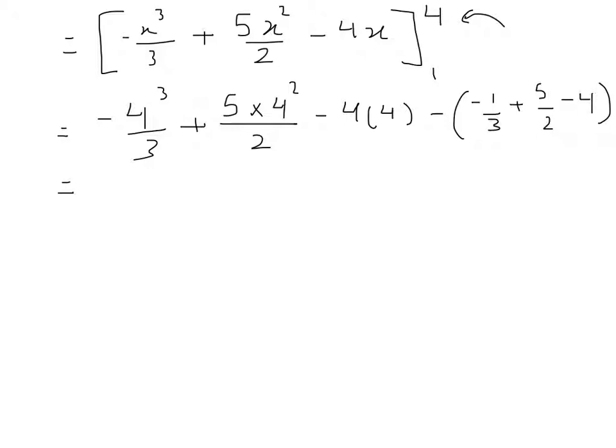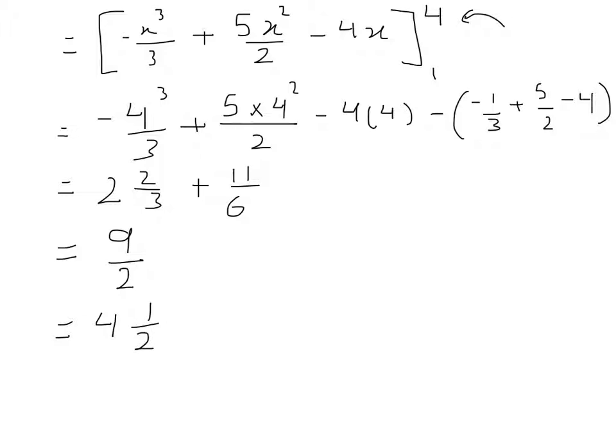Putting all this on the calculator, you will end up with 2 and 2/3 plus 11 over 6. And the calculator will give you 9 over 2, which is, of course, 4.5.